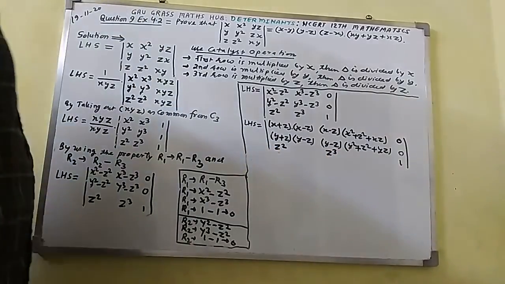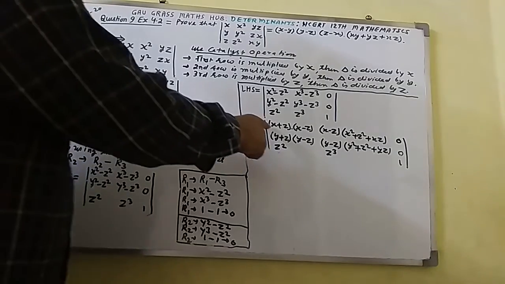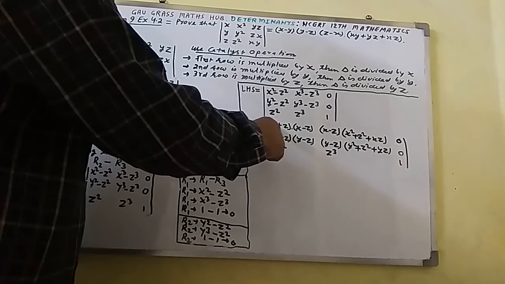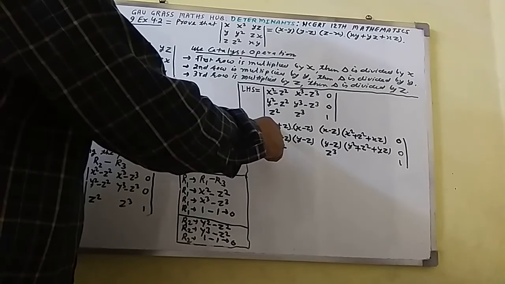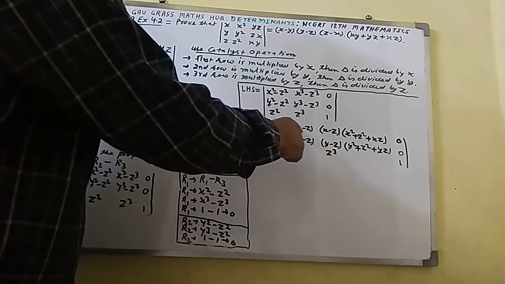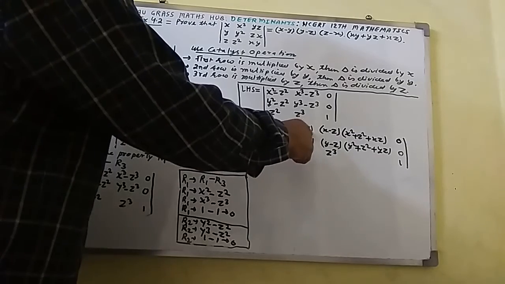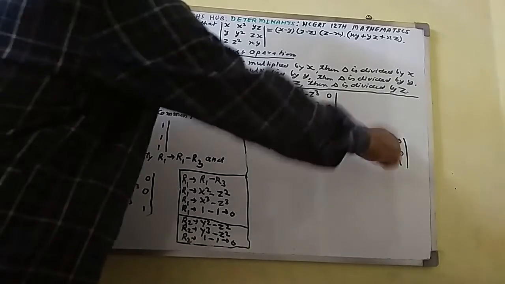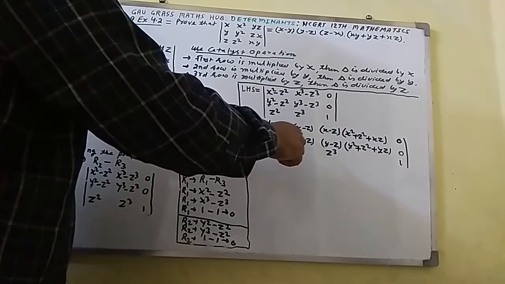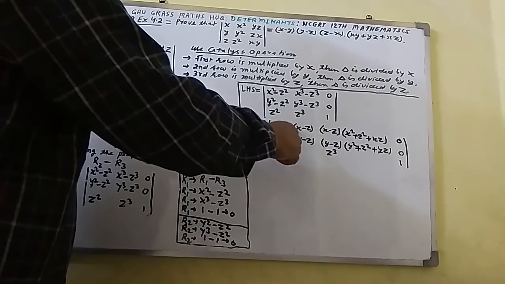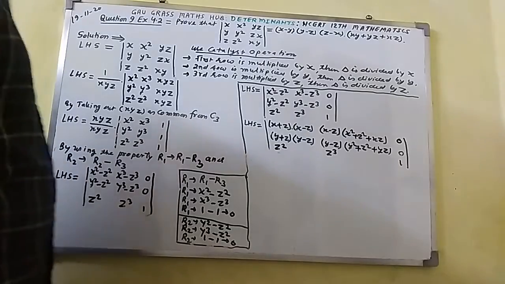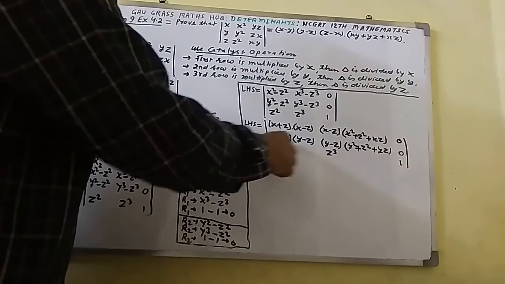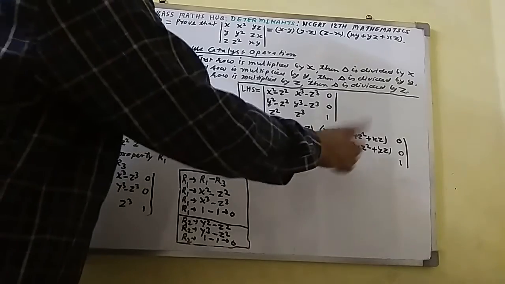Here you can see in the first row of the determinant, the first element of the first row is x minus z, the second element is 0. Why can't you take x minus z common from the first row? And also in the second row y minus z is there.